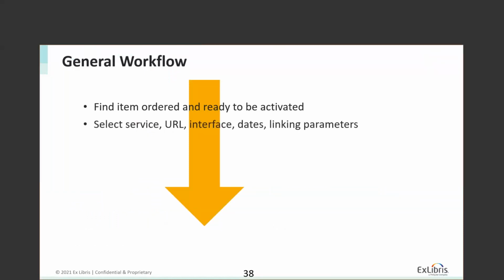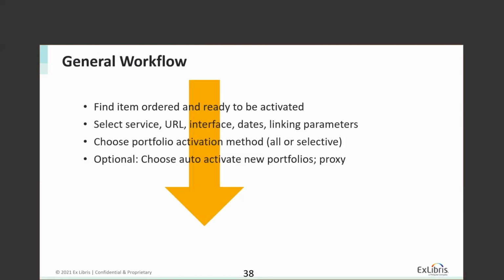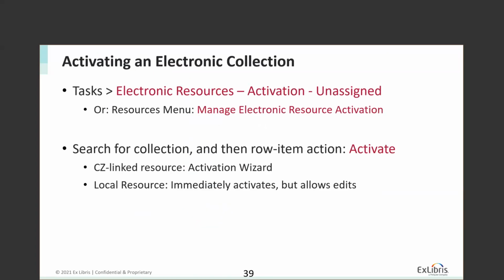You're going to be selecting some key information in there, choose a portfolio activation method, and I'll show you that, and choose an option about whether new portfolios that come in should be activated, and then you need to test whether it actually works, and then you unsuppress it to your discovery service, which means you make it available in your discovery service. So let's try this really fast.